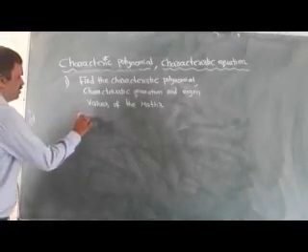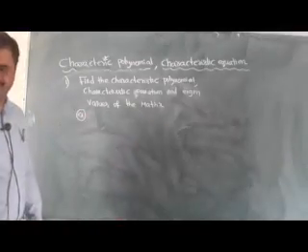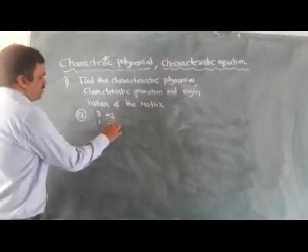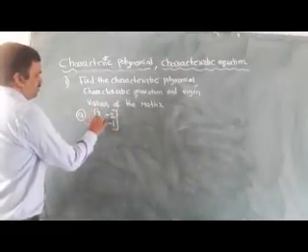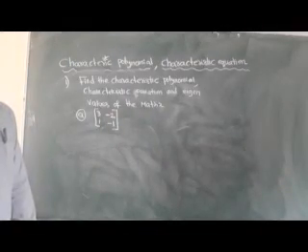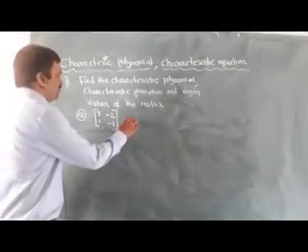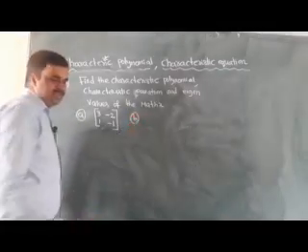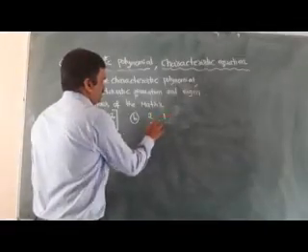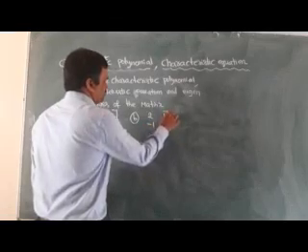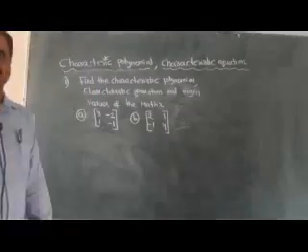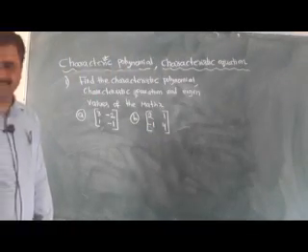Come on, write. A is 3, minus 2, 1, minus 1. B is 2, 1, minus 1, 4.